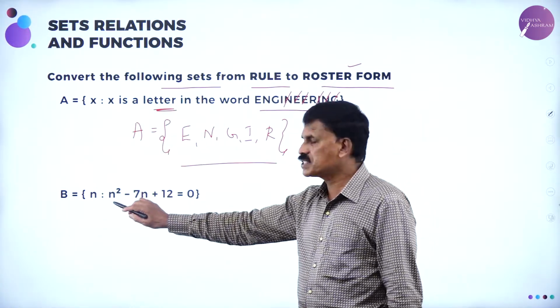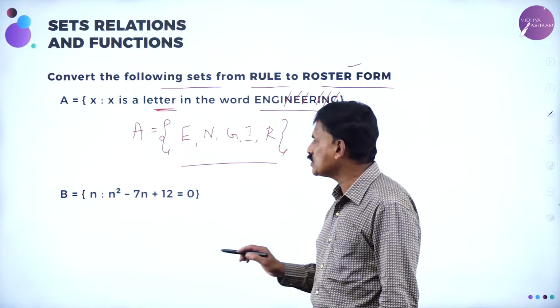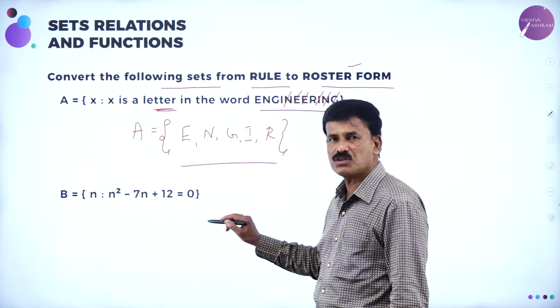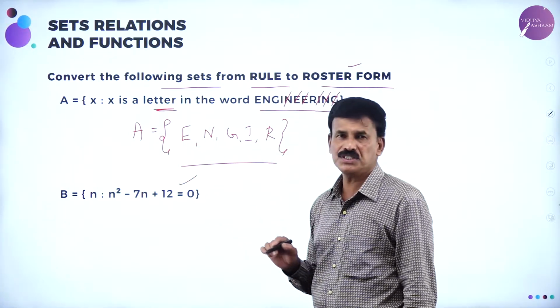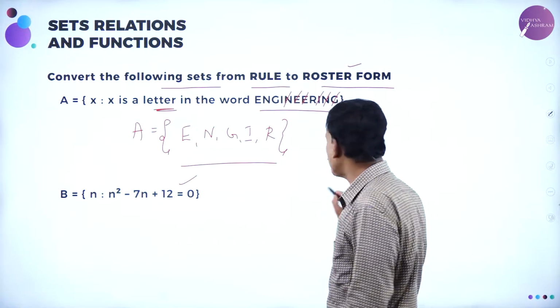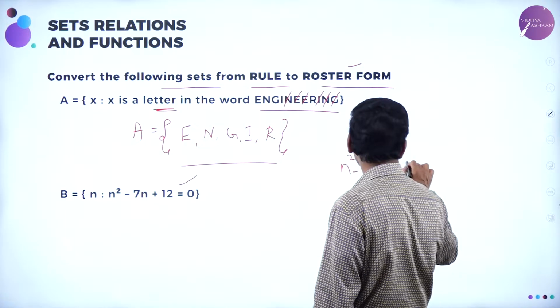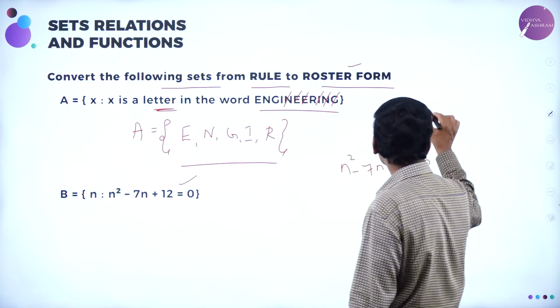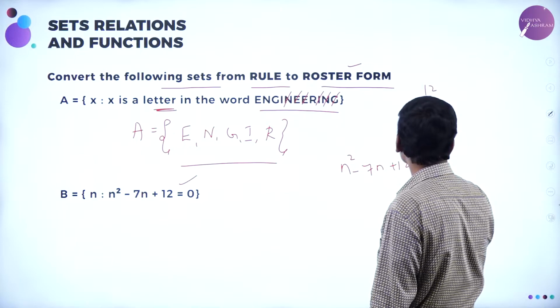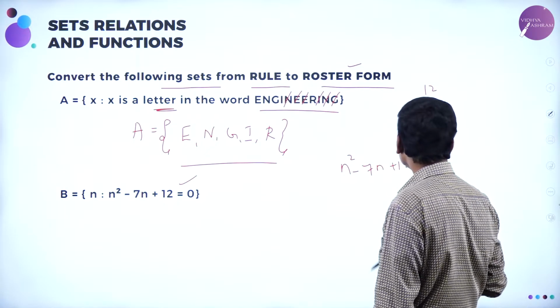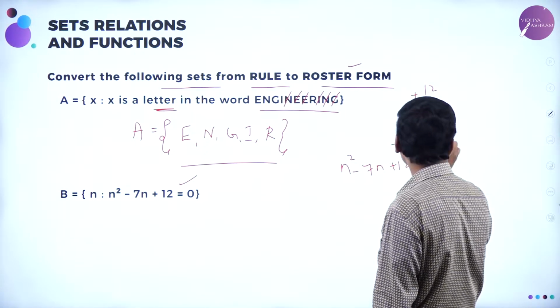B is nothing but {n such that n^2 - 7n + 12 = 0}. A quadratic equation is given. Just find the roots of this quadratic equation. What is given? n^2 - 7n + 12 = 0. This 12 can be factorized as 3 times 4 is 12, so you can write minus and minus.